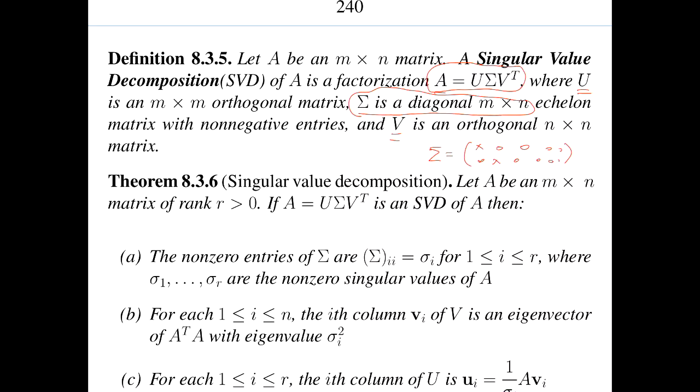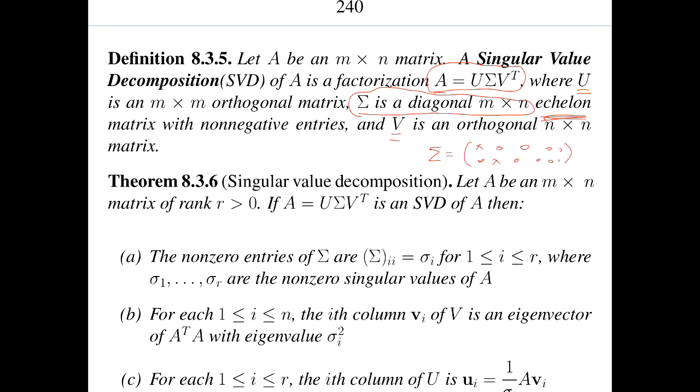So if we can write A as a product of these 3 matrices, where U and V are orthogonal matrices and sigma is diagonal, then we call this factorization an SVD of A, a singular value decomposition of A.